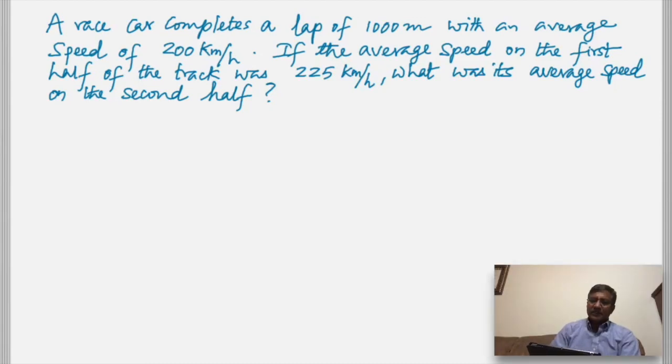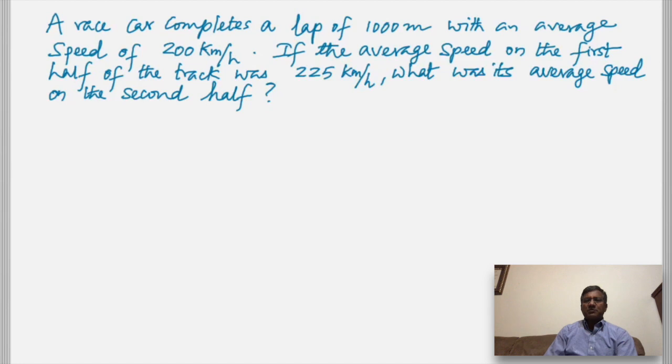Here is another question. A race car completes a lap of 1000 meters with an average speed of 200 km per hour. If the average speed on the first half of the track was 225 km per hour, what was its average speed on the second half?